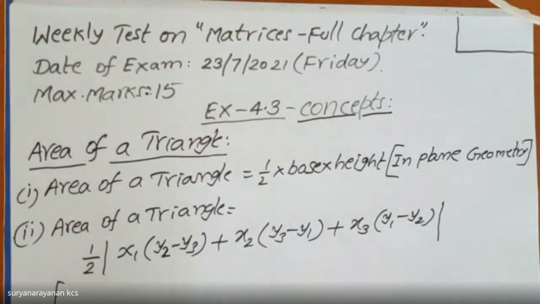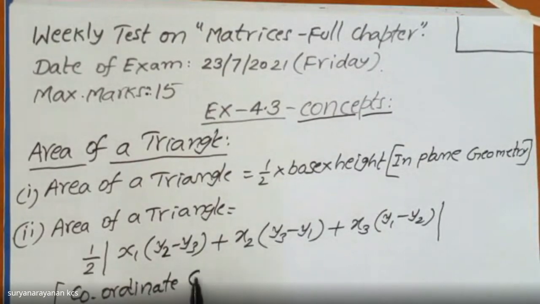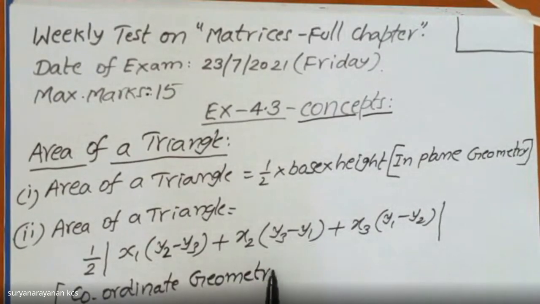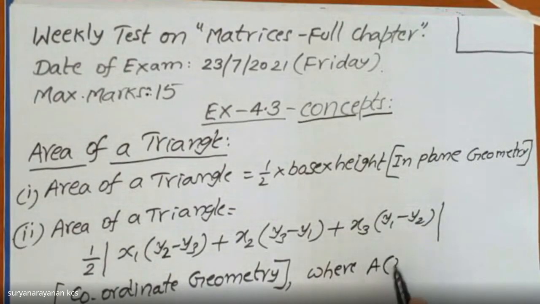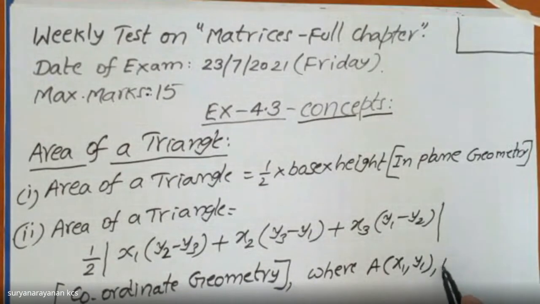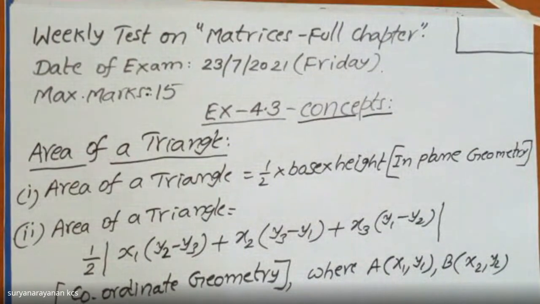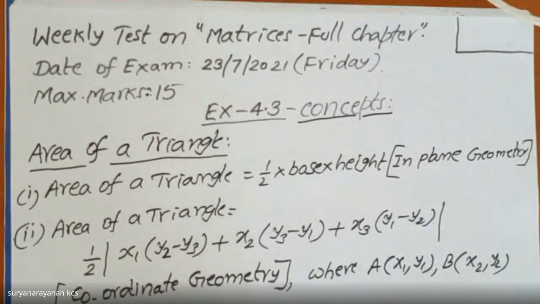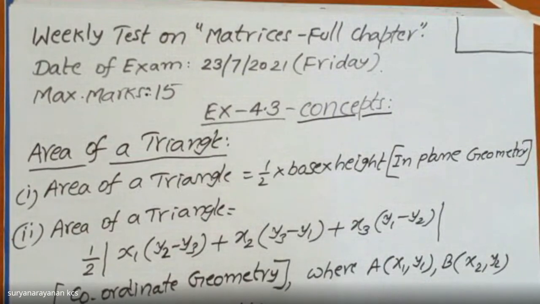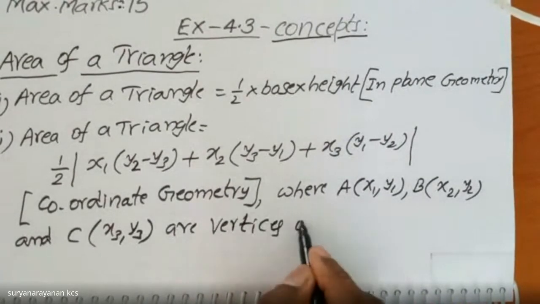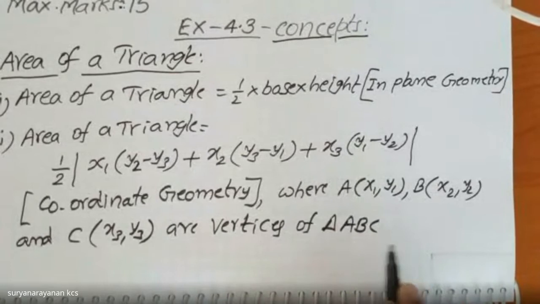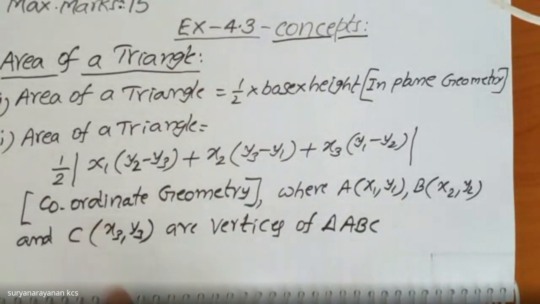This formula is used where A is equal to ordered pair x1 comma y1, B is equal to ordered pair x2 comma y2, and C is equal to ordered pair x3 comma y3 are the vertices of triangle ABC.